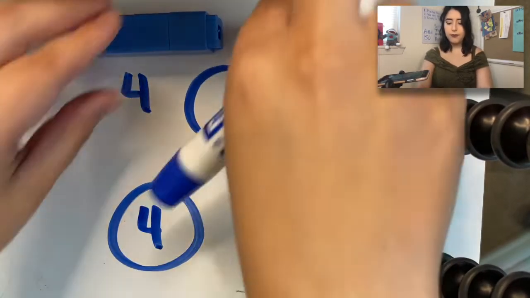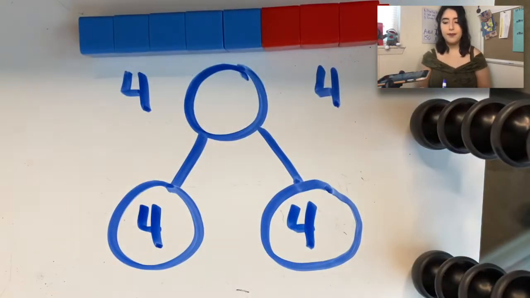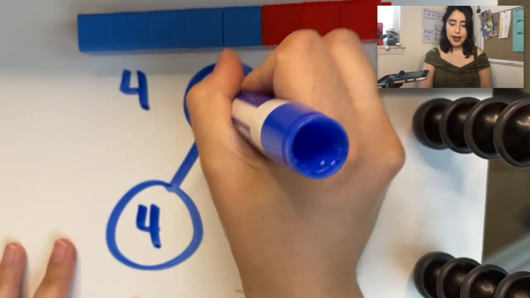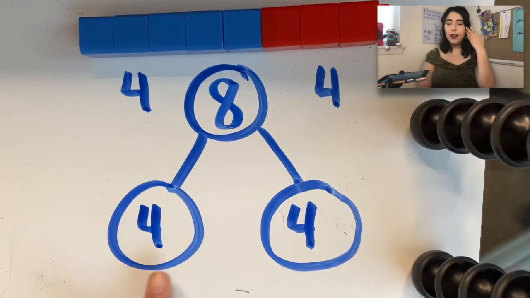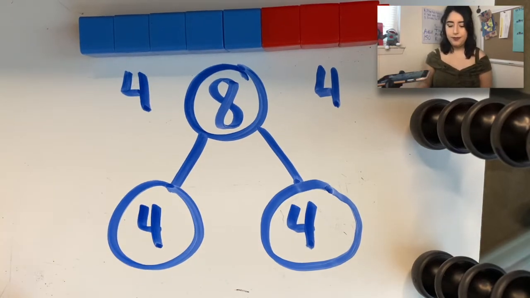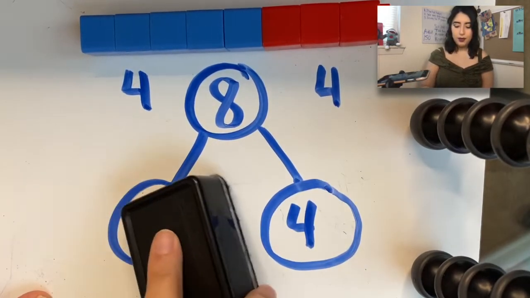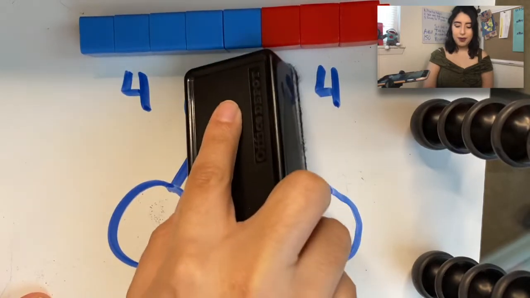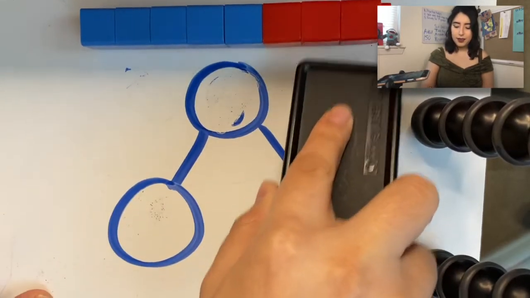And what do 4 and 4 make when you put them together? 8. So 4 and 4 make 8. Say that. 4 and 4 make 8. Very good. Ooh, I almost erased my number bond, but I remembered. Okay.